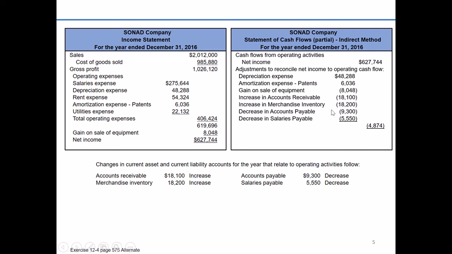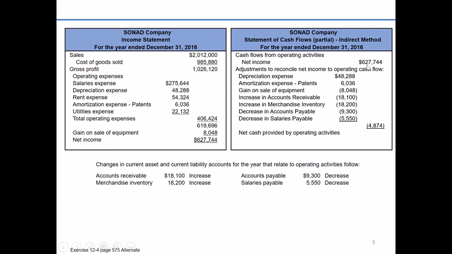If we add up all those items, that's a net decrease of $4,874. That's our total adjustment to net income.